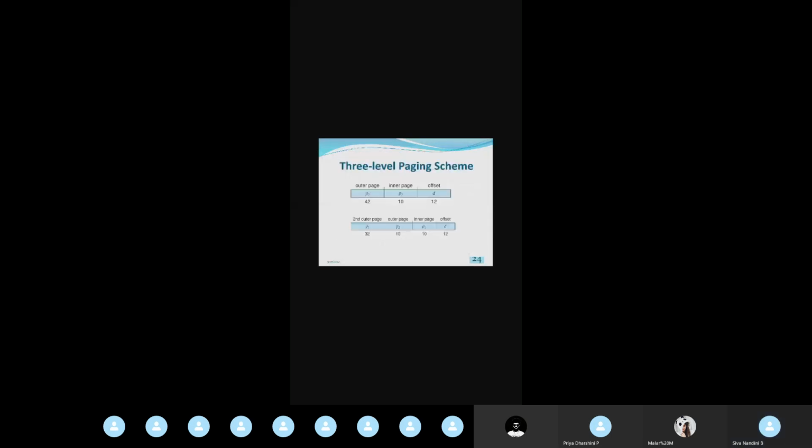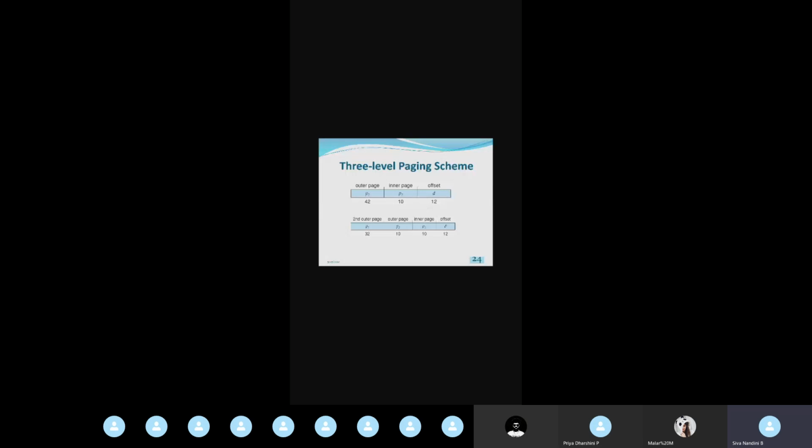So if 42 bits are needed for the outer page, we need 2 power 42 entries, so the page table will be of large size, so again we are splitting this 42 into 2.